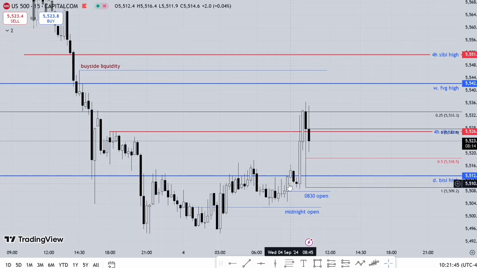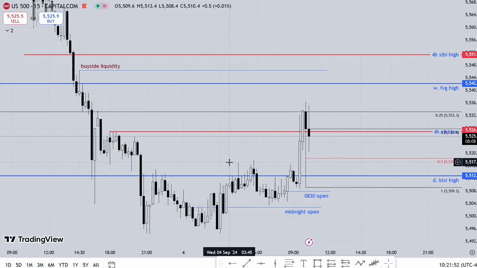So market structure, when doing top-down analysis, you must also implement the idea of market structure. So what does market structure teach us about an imbalance that has been balanced? When price goes to balance an imbalance, that is termed an intermediate term low or an intermediate term high. In this case, it is an intermediate term low.